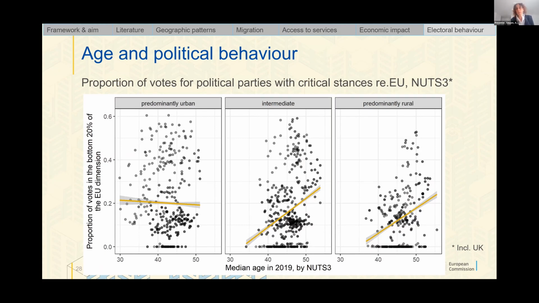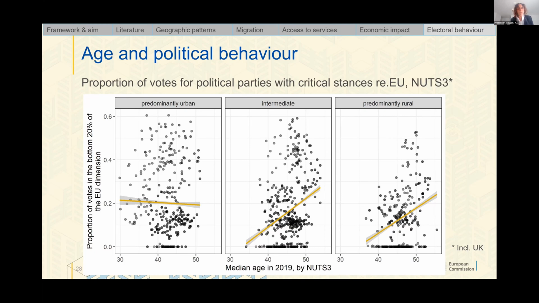The figures show basically two diverging trends depending on the level of urbanization. So in rural areas, as the median age increases, the proportion of votes for parties that have a critical stance towards the EU increases. The same is true for people who live in intermediate areas, although the distribution of dots here is more sparse.